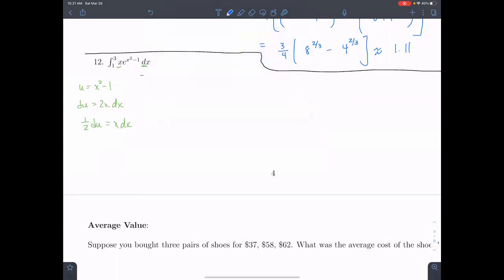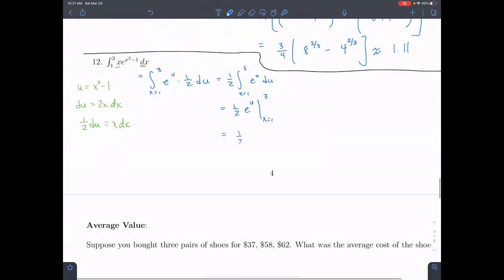So this would be the integral from x equals 1 to 3 of e to the u times 1/2 du. So that's 1/2 times the integral from x equals 1 to 3 of e to the u du, which is just 1/2 e to the u, evaluated from x equals 1 to 3.